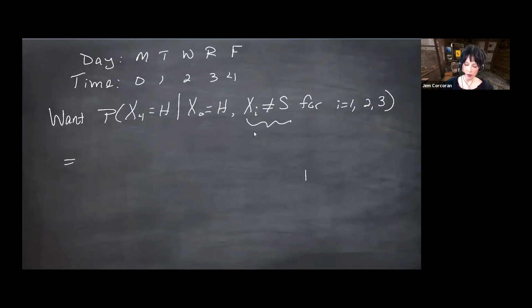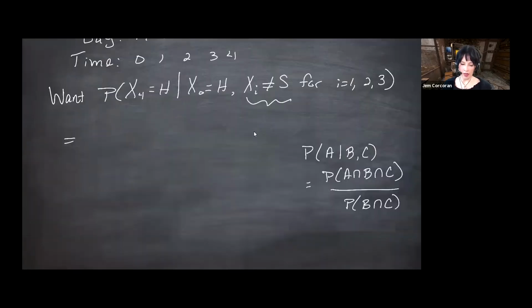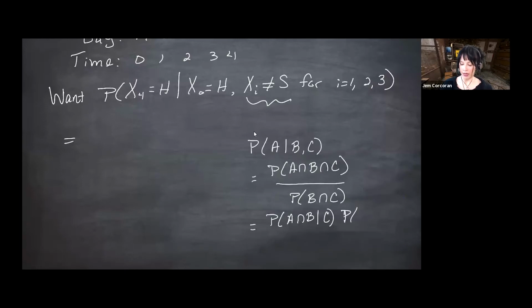So I've got the probability that some event A happens given some B and C. This is the full intersection over the probability of B intersect C. And then on the top, I can write this as the probability of A intersect B given C, times the probability of C, over the probability of B given C times the probability of C. And then this will cancel.